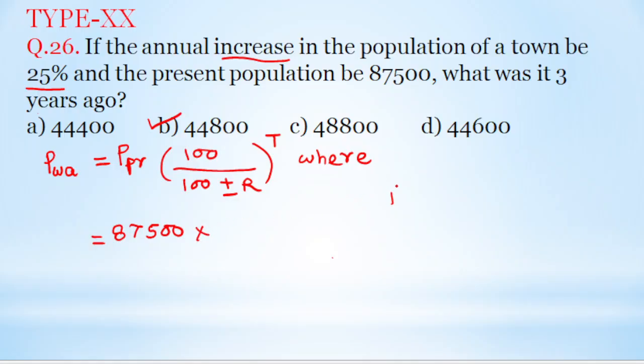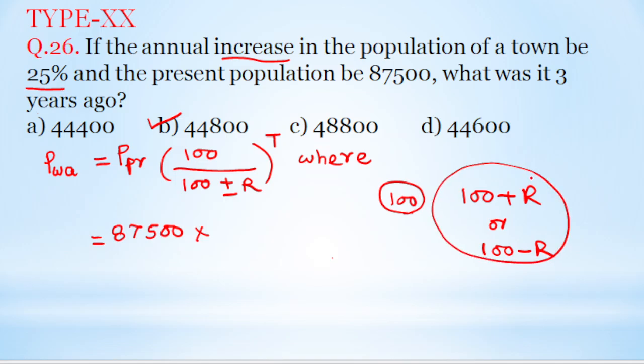One is 100 and another one is 100 plus rate percentage or 100 minus rate percentage. One factor is 100, and out of these two one will be there. If it is increased then we have to use this factor, and if it is decreased we have to use this factor. Now listen, the present population is 87,500, and what was it 3 years ago?